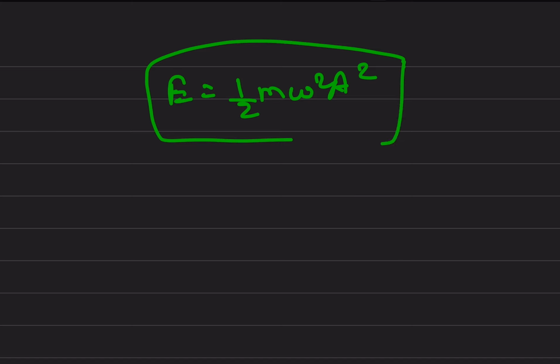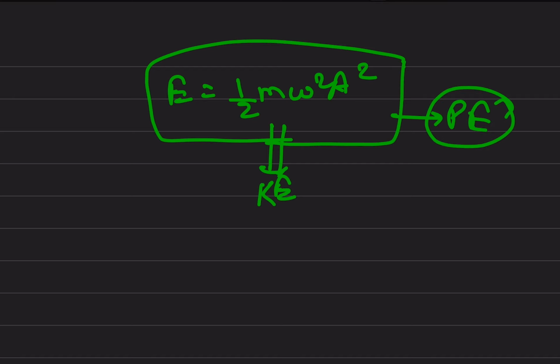This is how the potential energy and kinetic energy behave for a particular mass doing sinusoidal motion. That total energy will be equal to half m omega square a square. At the mean position this will be equal to the kinetic energy, and at an extreme position it will be equal to the potential energy.